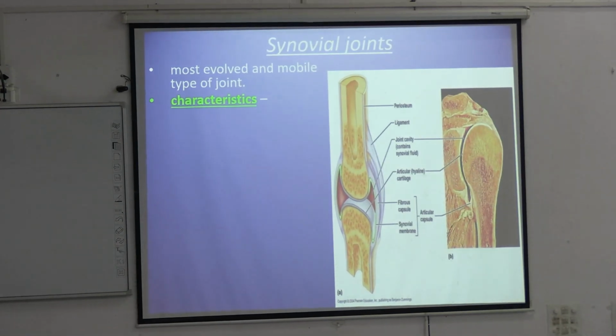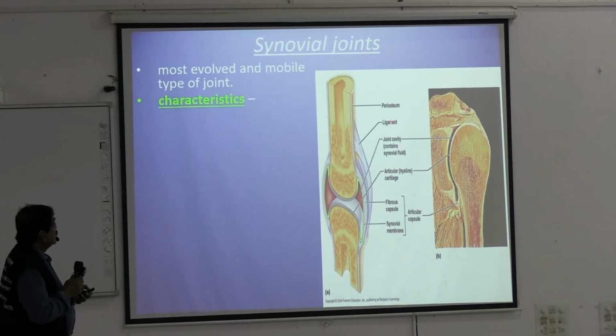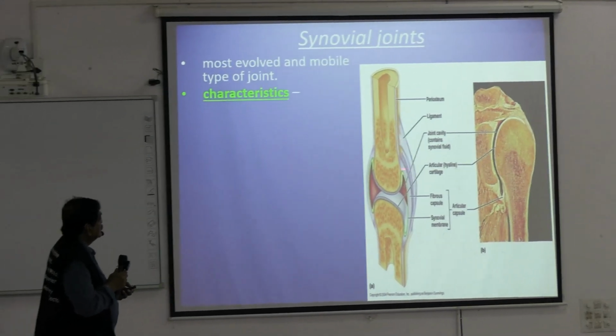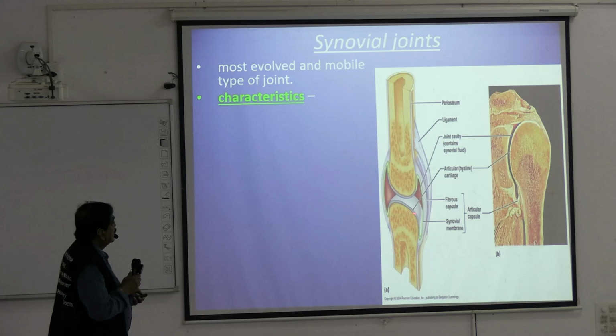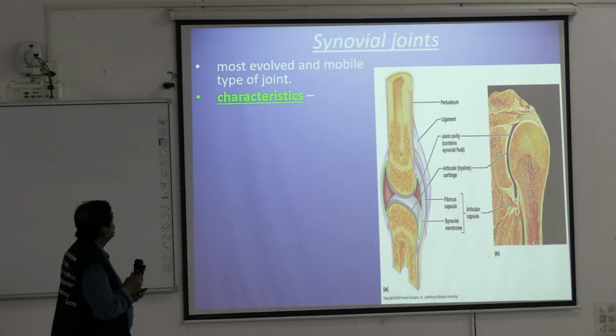See, this is ligament. This is articular hyaline cartilage. This is the bony end. This is the joint cavity, contains synovial fluid. The articular capsule, fibrous capsule and synovial membrane.